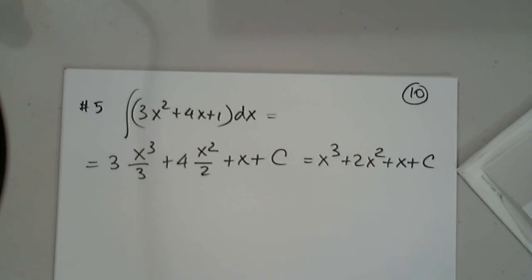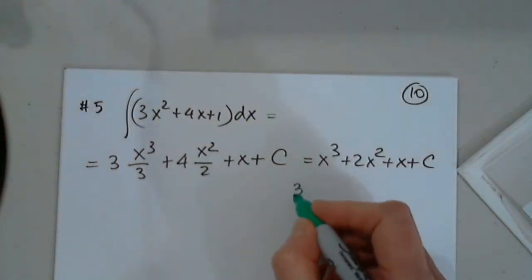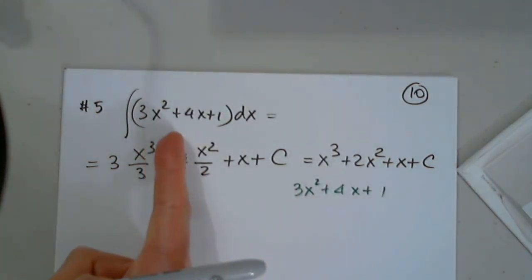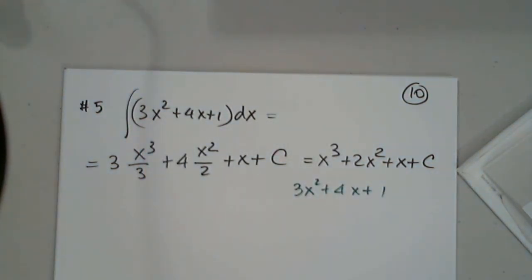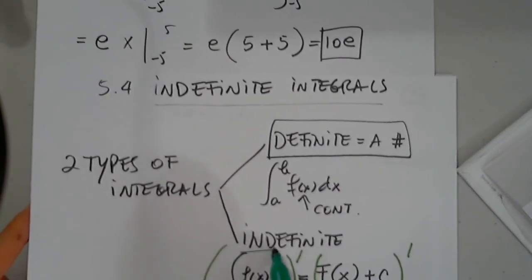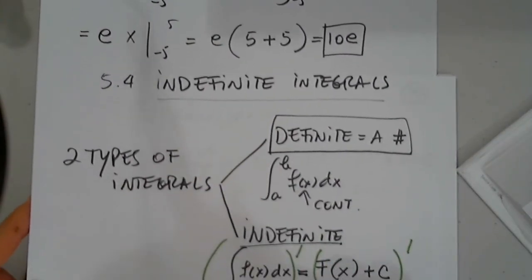And let's say I don't trust my work. I want to differentiate this. 3x squared plus 4x plus 1, and I have to get the function. So we did not talk about this in 4.9, but this is what we did.